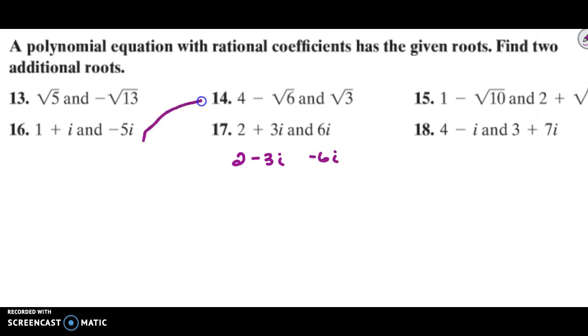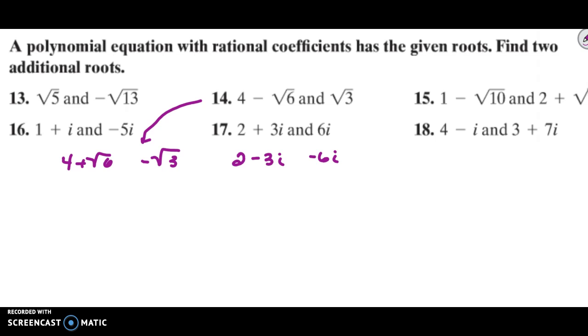And then for number 14, you would have 4 plus square root of 6, and then negative square root of 3. Remember, you're only changing the sign of either the radical or the imaginary term. That's how you get your conjugate.